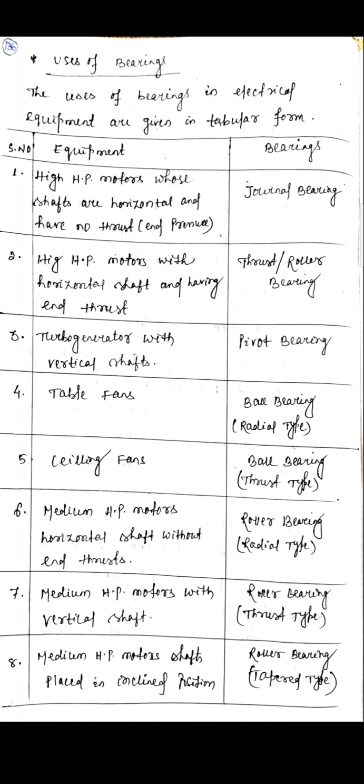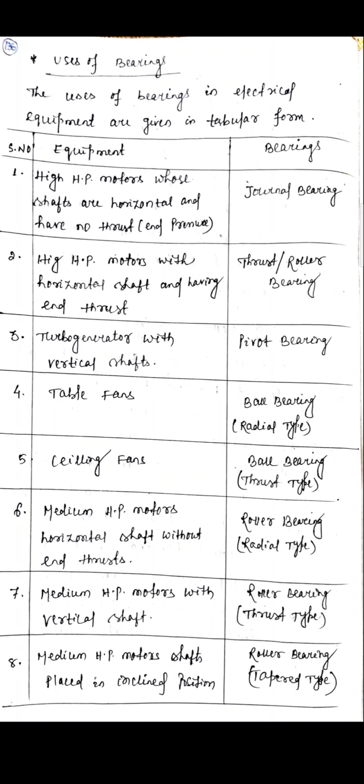Clear? Second one: high HP motors with horizontal shaft and having end thrust. If you have end thrust, then it is preferable to use a thrust bearing or roller bearing.